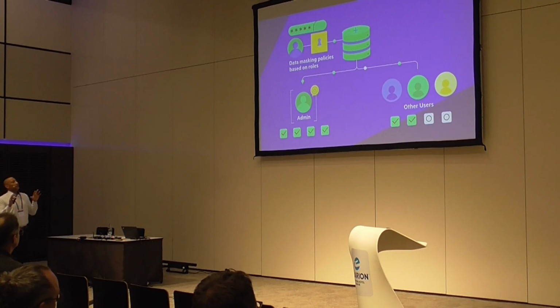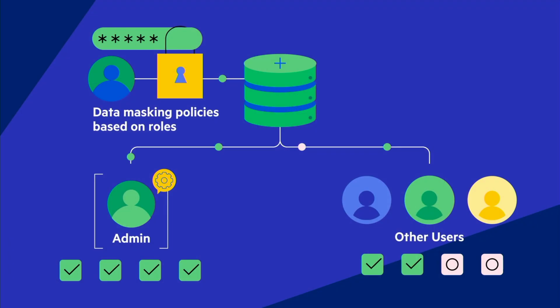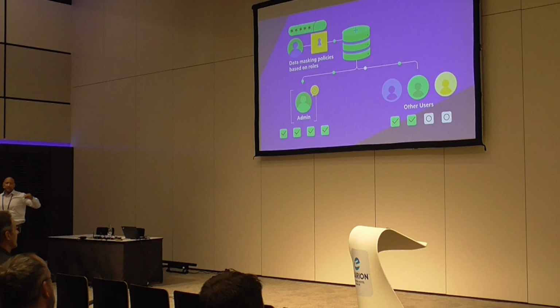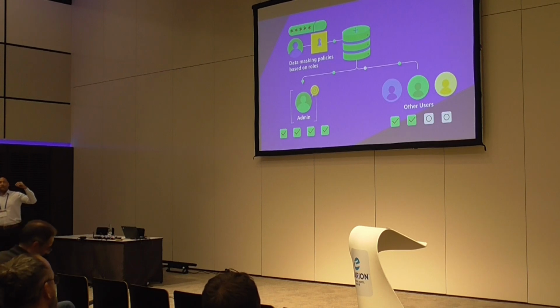All right, so a pretty abstract diagram here, but in essence, a DDM administrator is created. That DDM administrator then creates data masking policies. We also call them DDM rules. The DDM admin also creates roles in the database, then assigns those masking policies to those roles.